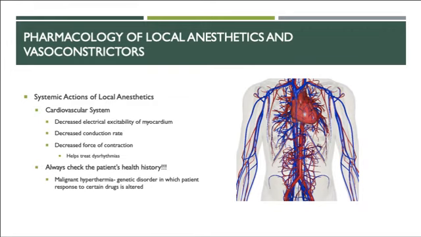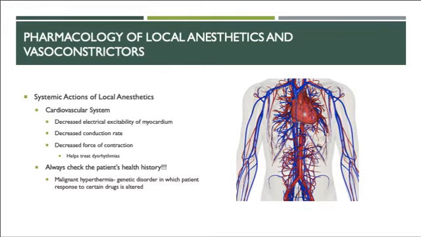Now, the second major system that can be directly impacted by local anesthetics is the cardiovascular system. And local anesthetics have direct action on the myocardium. And the effect of local anesthetics on the myocardium is really similar to the effects that it produces on peripheral nerves. In the myocardium, it translates into decreased electrical excitability of the myocardium, decreased conduction rate, decreased force of contraction.